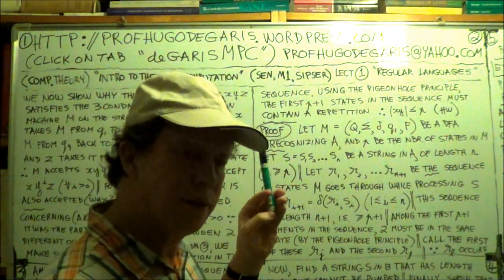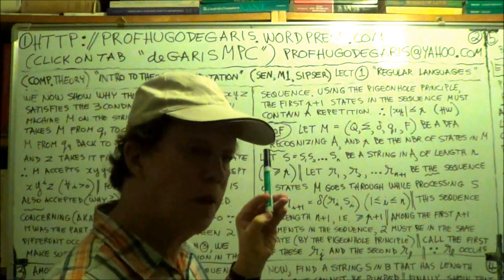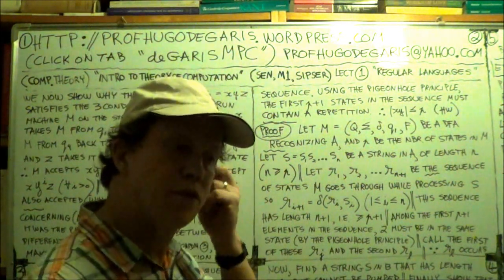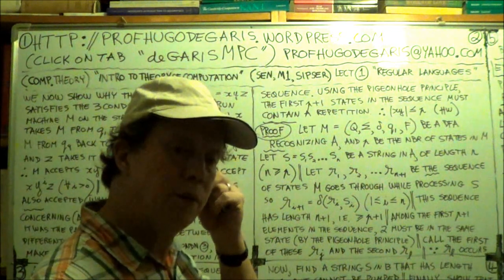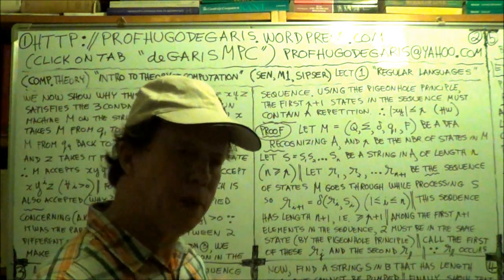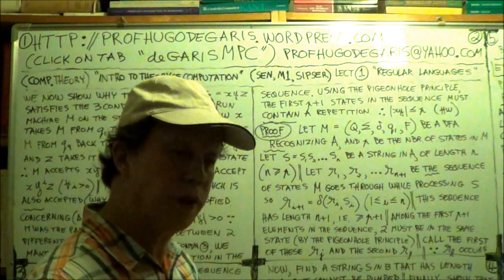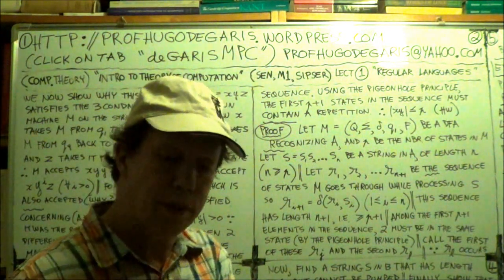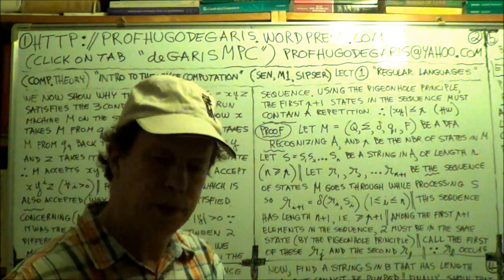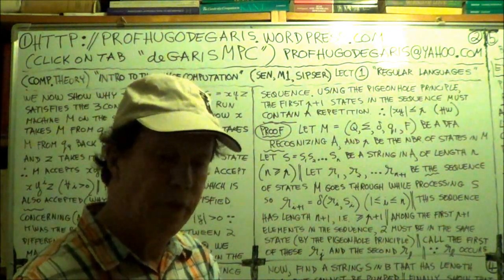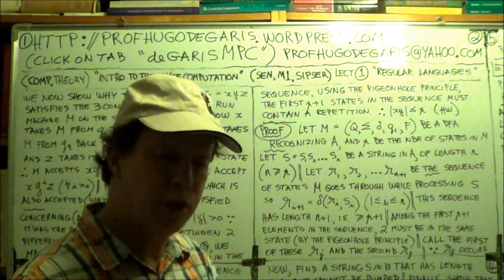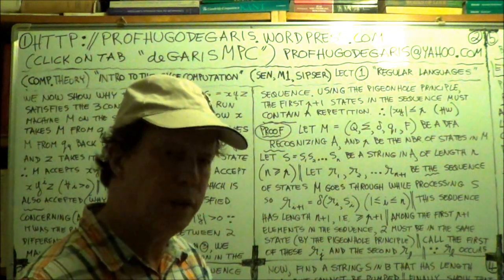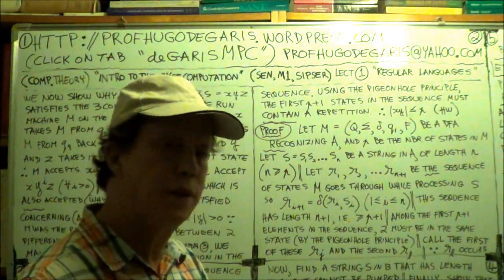Therefore the number of states in the sequence of states as you read through that string of length little n will be n plus 1. Little n is by definition the length of your input string. But little n is p. So now the length of the sequence of states the machine goes through as it reads the input string will be n plus 1, and hence p plus 1.